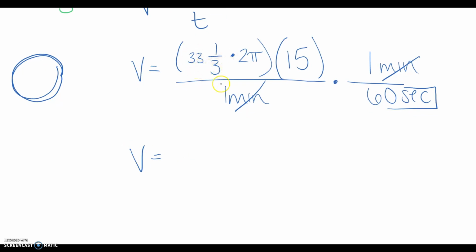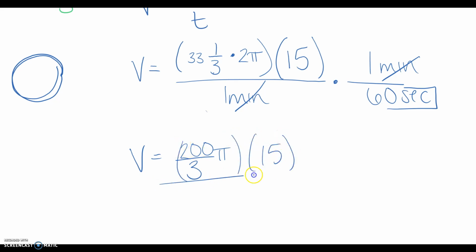Remember, 33 1/3 is the same as 100 thirds, because 33 times 3 plus 1 is 100, so 100 thirds times, actually we could just change that to 200 thirds times pi times 15 all over 60.